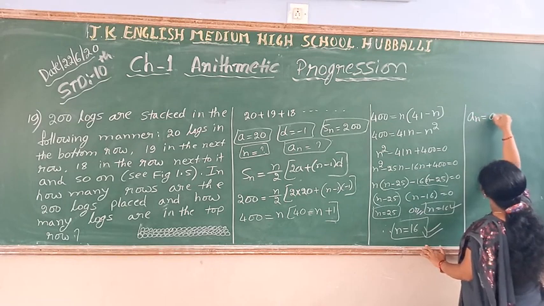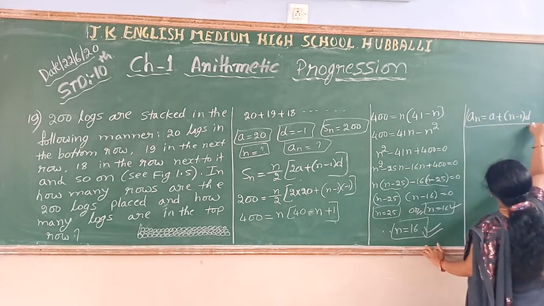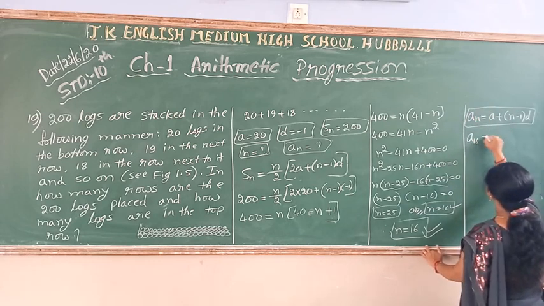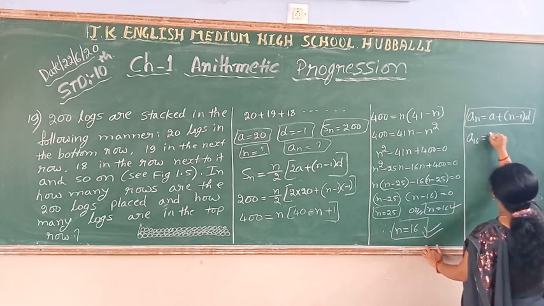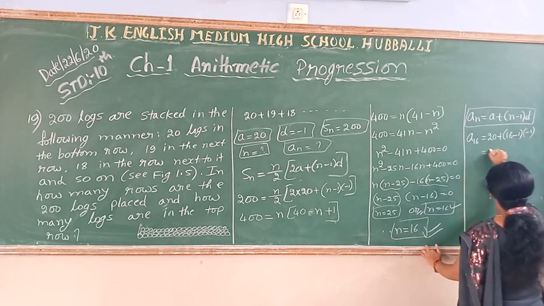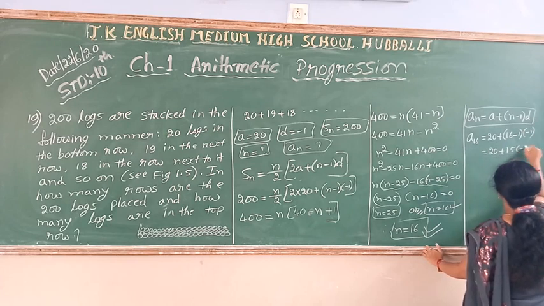an is equal to a plus n minus 1 into d. By using this formula, substitute the values. 16th term is equal to first term value is 20, plus 16 minus 1, d value is minus 1. 20 plus 15 into minus 1.